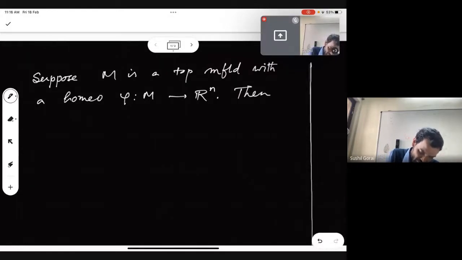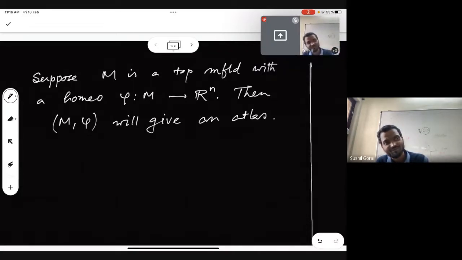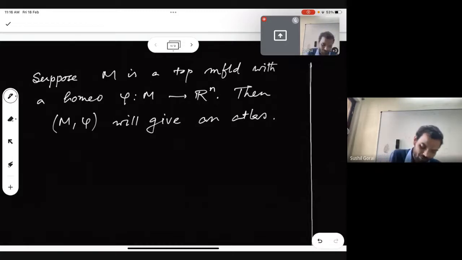Then M, phi will give an atlas. So hence it will be a manifold. So that is the graph.